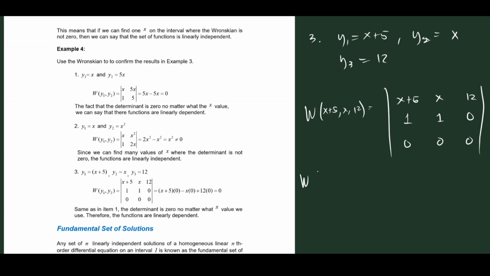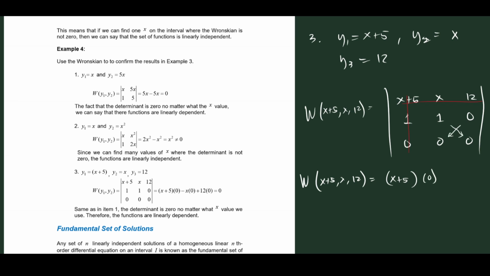Okay, so how do we determine the determinant of a 3 by 3 matrix? For the first one, we do it like this, right? That will be x plus 5 multiplied by 1 times 0 minus 0 minus 0. So that would be 0.